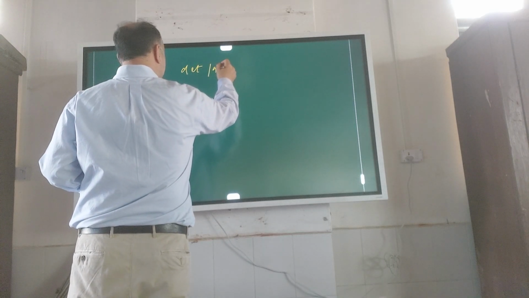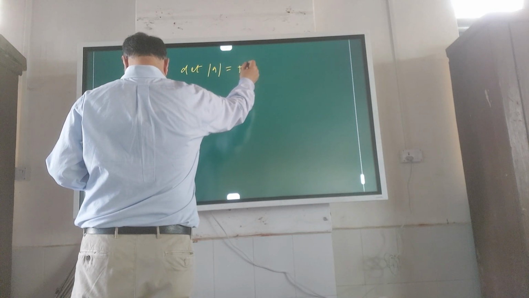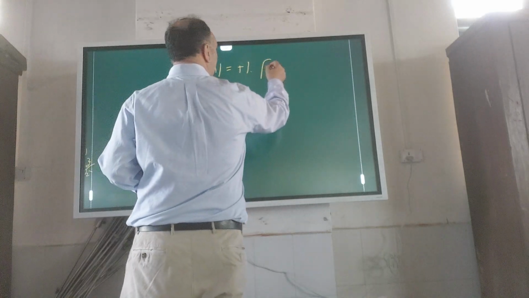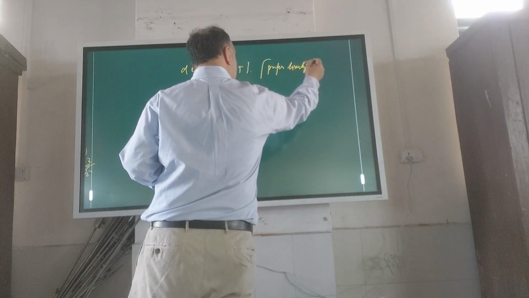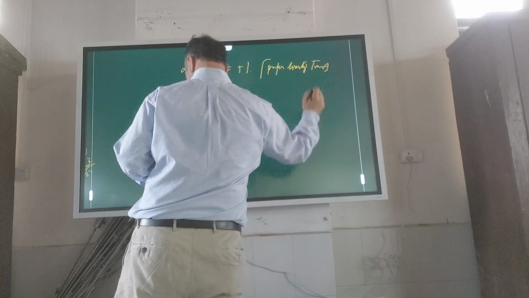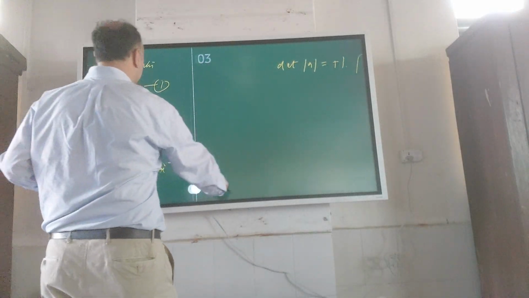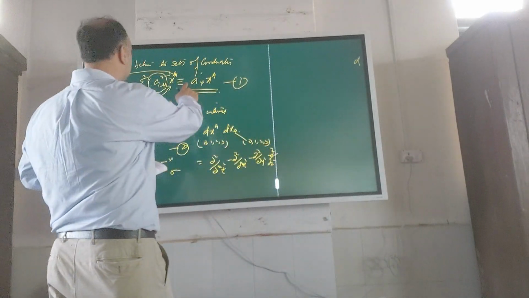So if you take the determinant of A, and this will be plus 1, that is a proper Lorentz transformation. This A, of this.